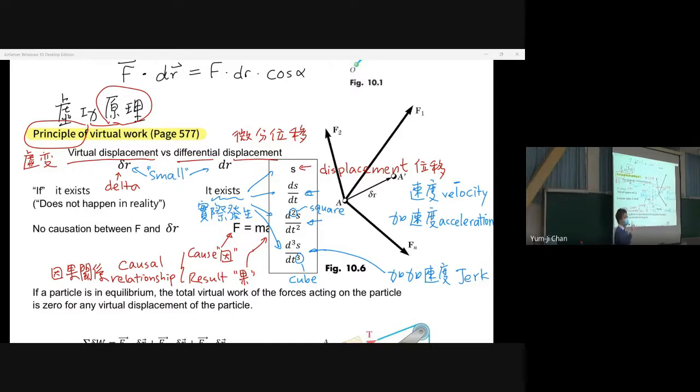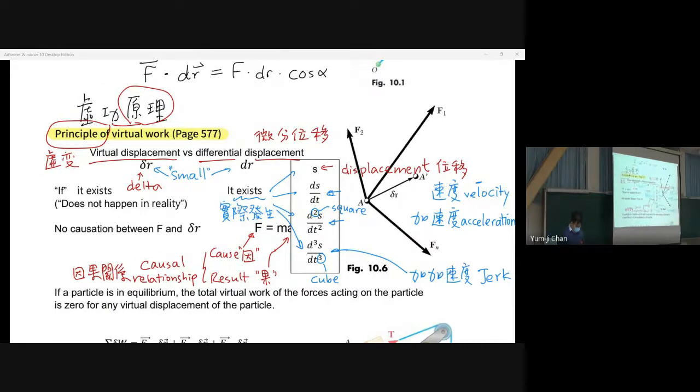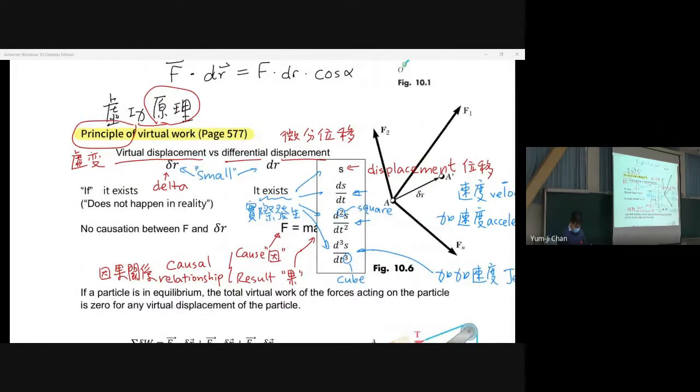Virtual displacement is also small, but we will talk about what happens if it exists, okay?